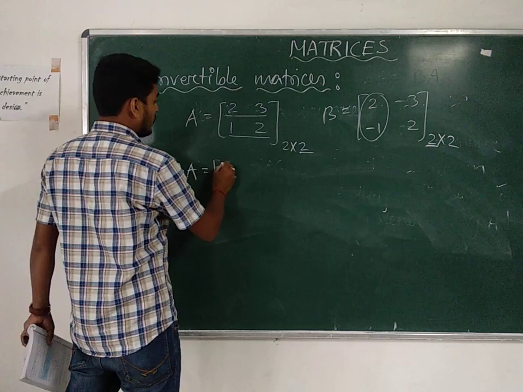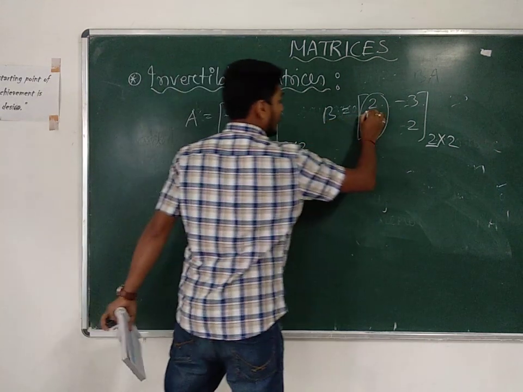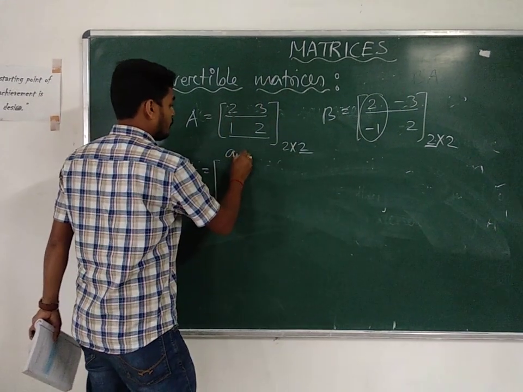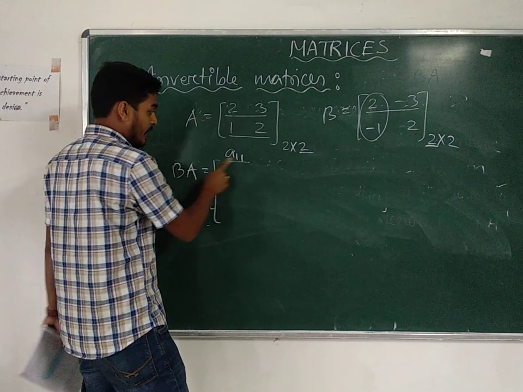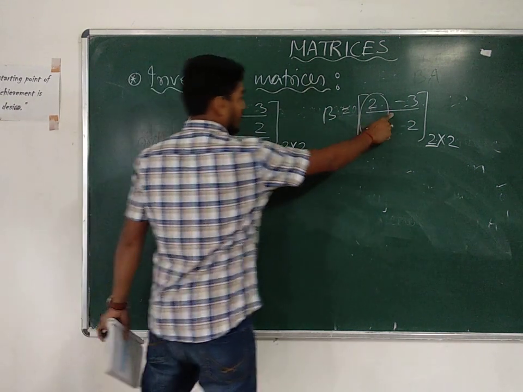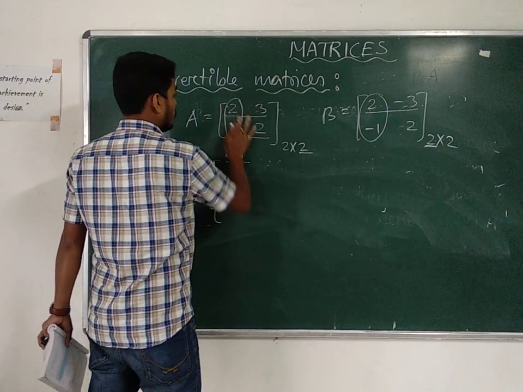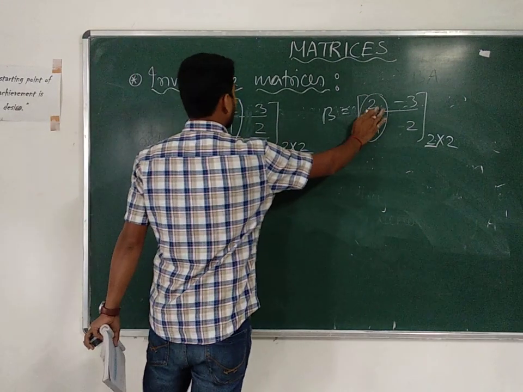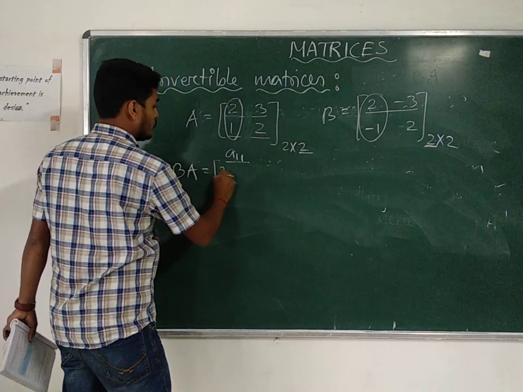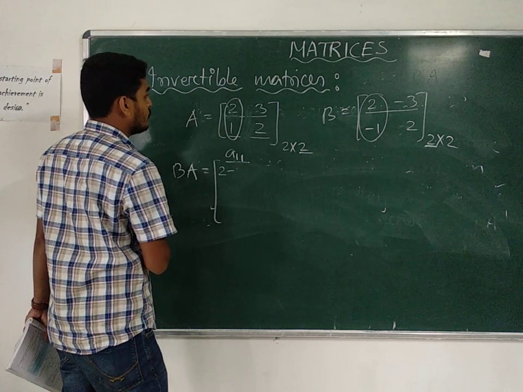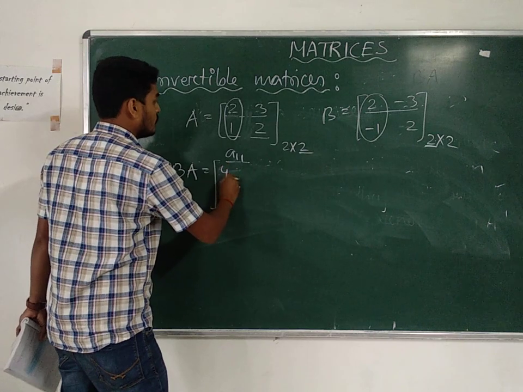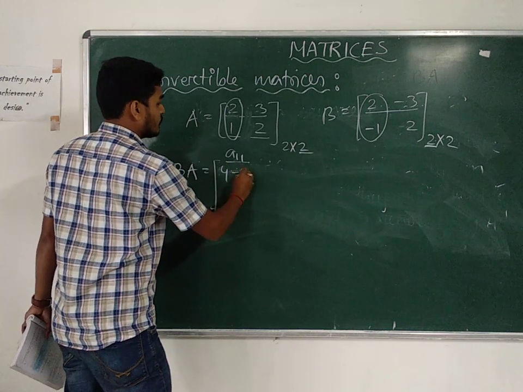After multiplying BA, first of all we consider the first row, first column. Rows should be from the first matrix and columns from the second matrix. Just multiply: 2 times 2 is 4, minus 3.